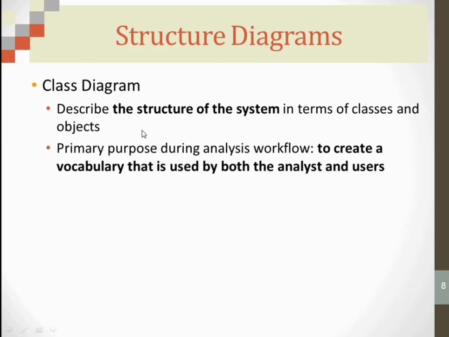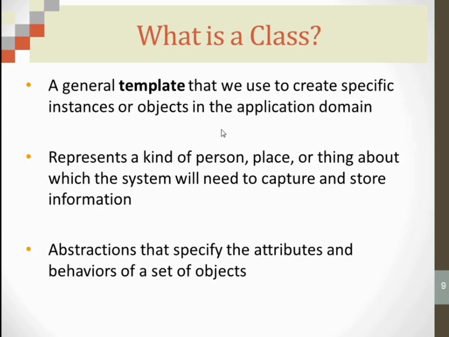What is the class diagram? Actually, you can see it as a template to represent the structure of the system, the structure of the entities of the system, the structure of the devices or the use cases of the system. It's just a template.